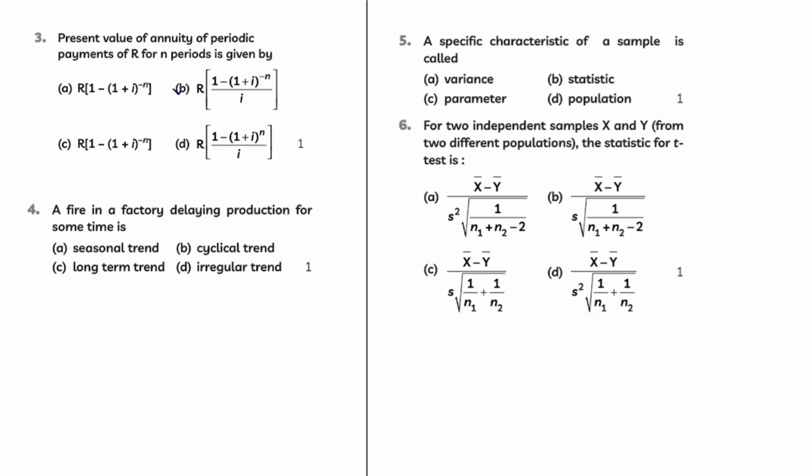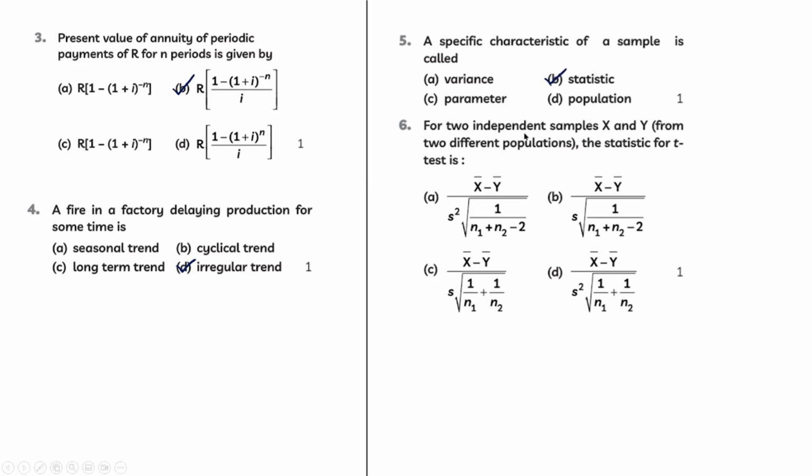So the correct option is option B. Next question, a fire in a factory delaying production for some time is an example of an irregular trend because it happens due to unforeseen reasons. Next question, a specific characteristic of a sample is called. A specific characteristic, that is a value which we calculate for a sample, is called a statistic. So the correct option is option B.